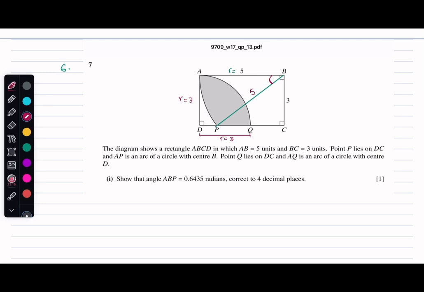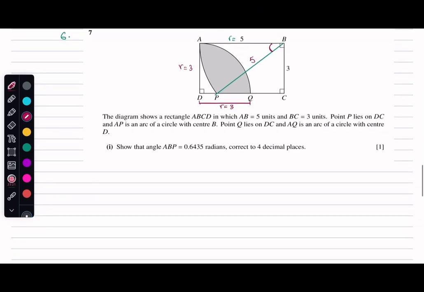So if I draw this triangle, which is BCP, with respect to the triangle BCP, I can see that this is 90 degrees here. BC is 3, and BP being the radius is 5 units. If I'm able to find this angle, let's call this angle x.